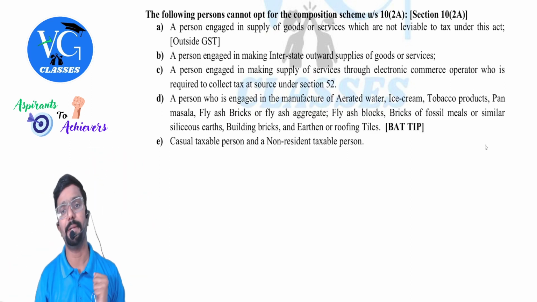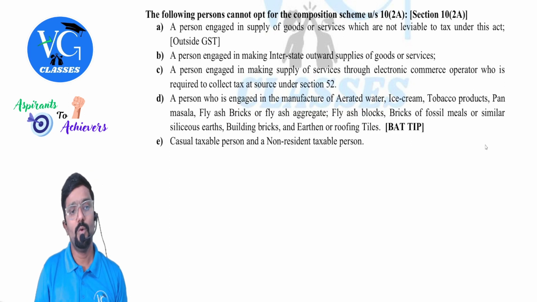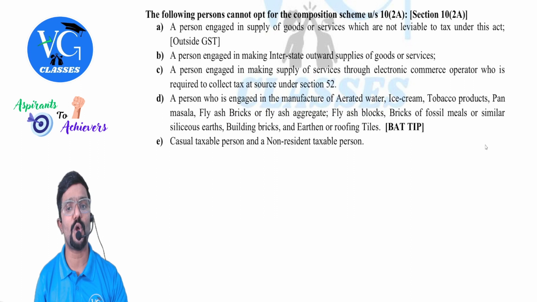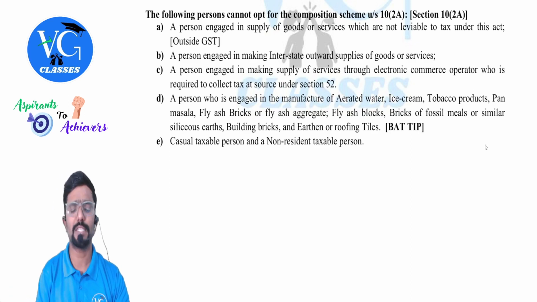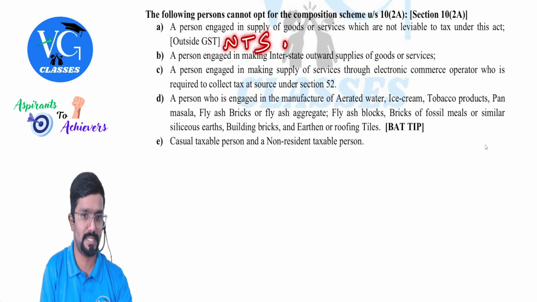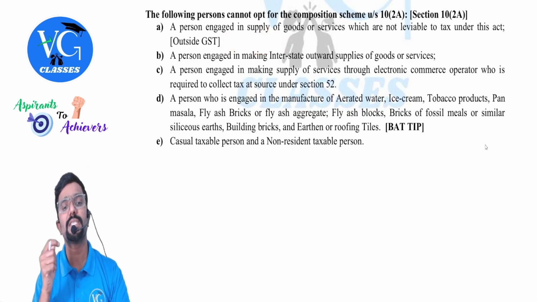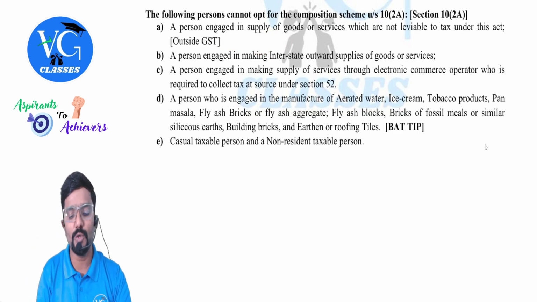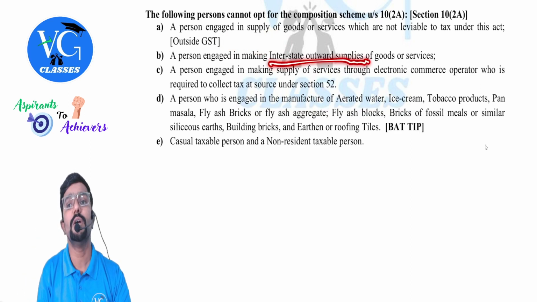Who are those people? A person who is engaged in supply of goods or services which are not leviable to tax under this Act, outside GST. That is, they are supplying non-taxable supply, NTS. Next, a person engaged in making interstate outward supplies of goods or services.